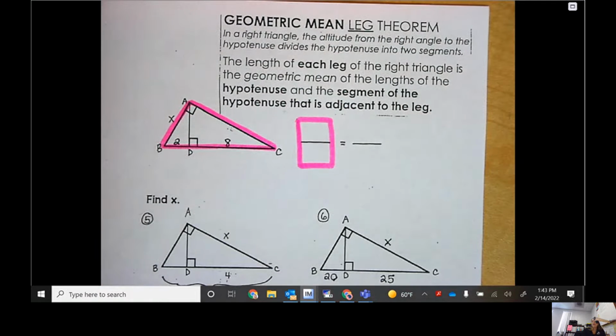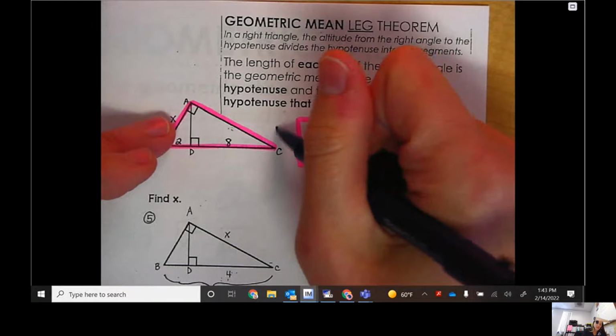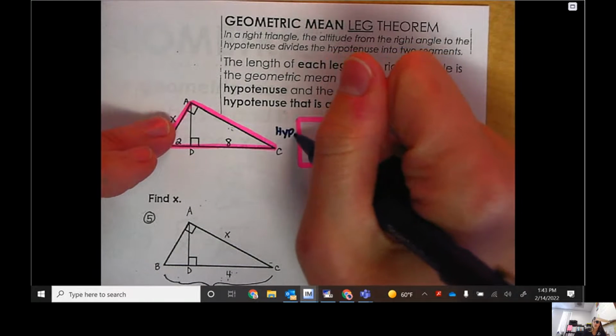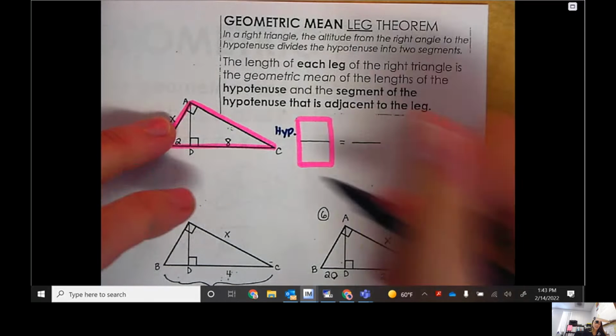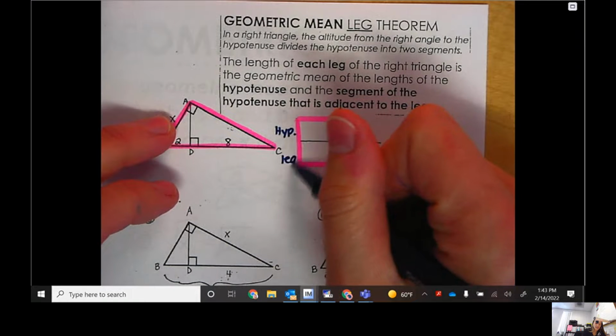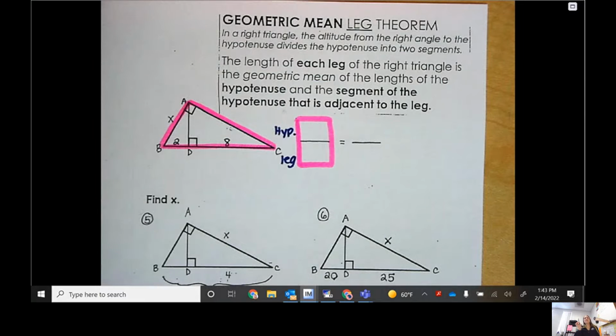Now, this fraction becomes, I have to take the hypotenuse, which is the longest side, and divide it by the leg that is the segment that is adjacent to the hypotenuse. So the one that is touching the hypotenuse.